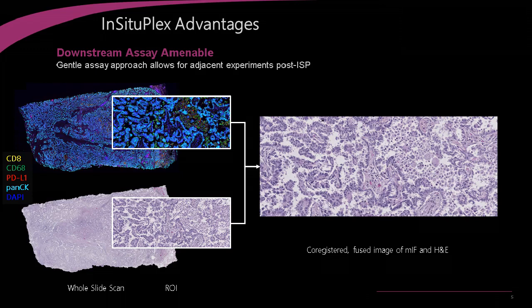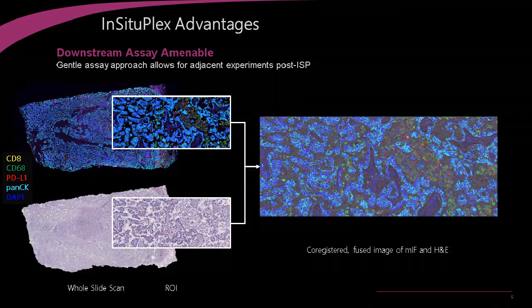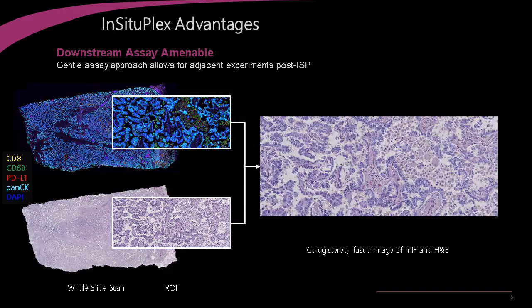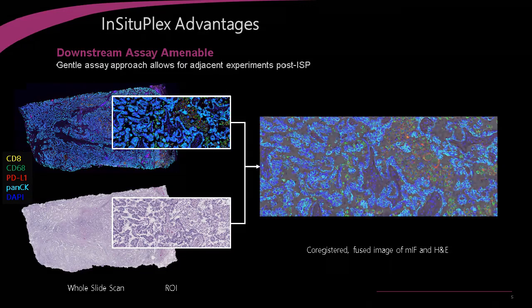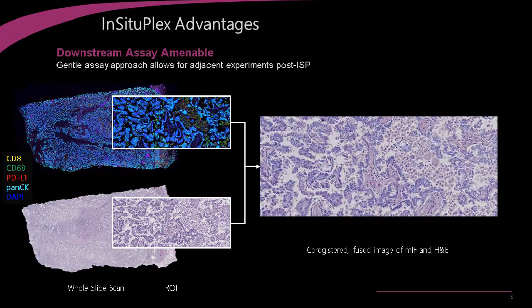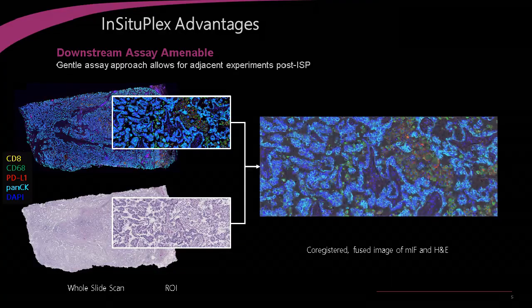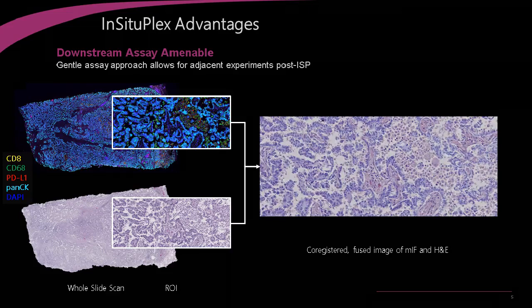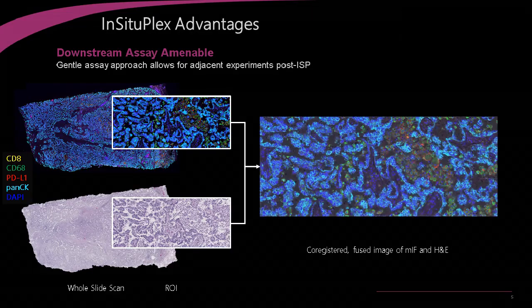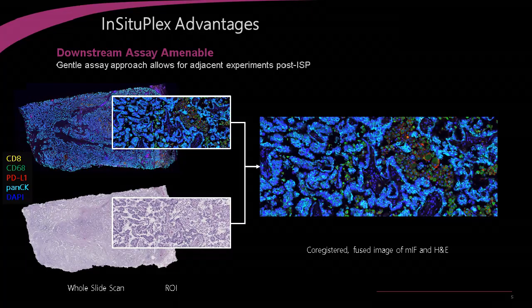And when you look at the exact same region stained with the H&E, you can appreciate that there is no morphological change, no difference between the tissue morphology in the 2 different images. This means that the type of assay that we perform is really gentle and does not change your sample morphology and allows downstream analysis after your multiplex IHC, which is something really unique.